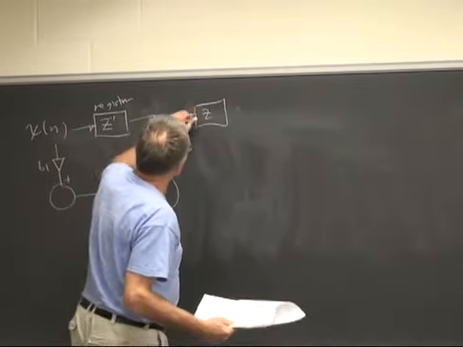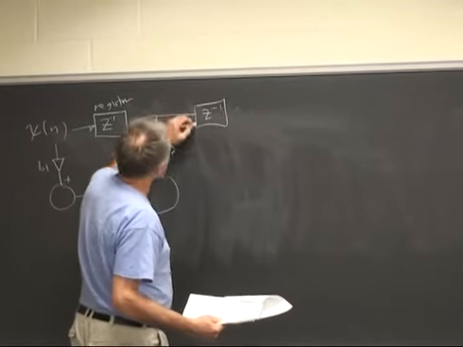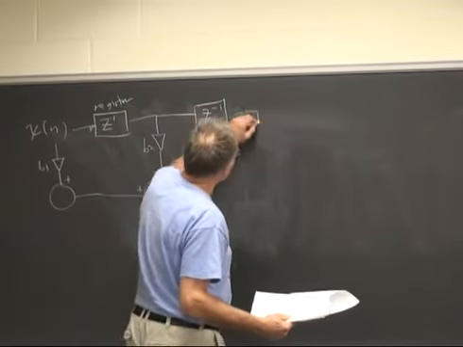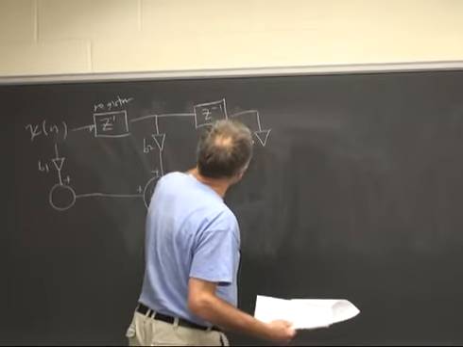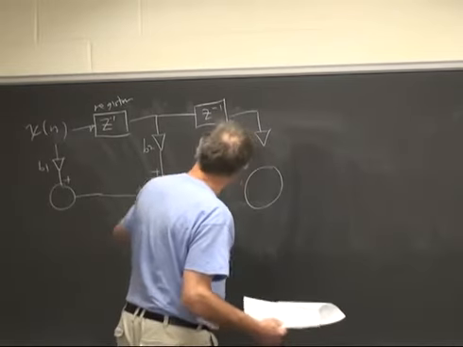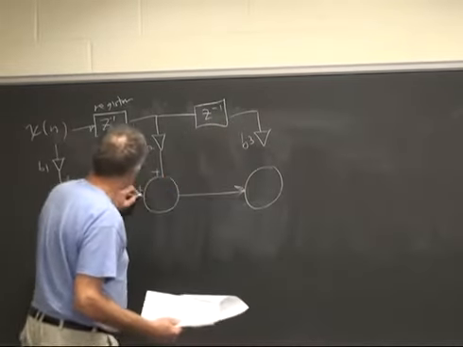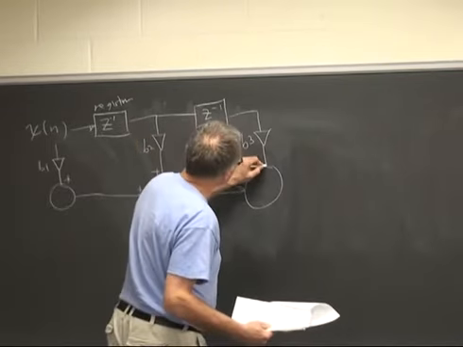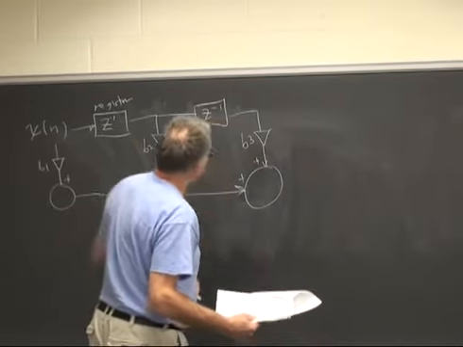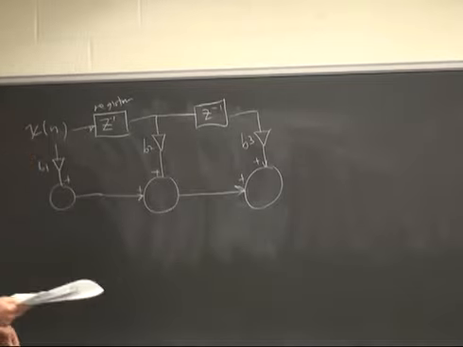We're then going to add another pipeline register whose output will be multiplied by B3. Added to the output, and so on.